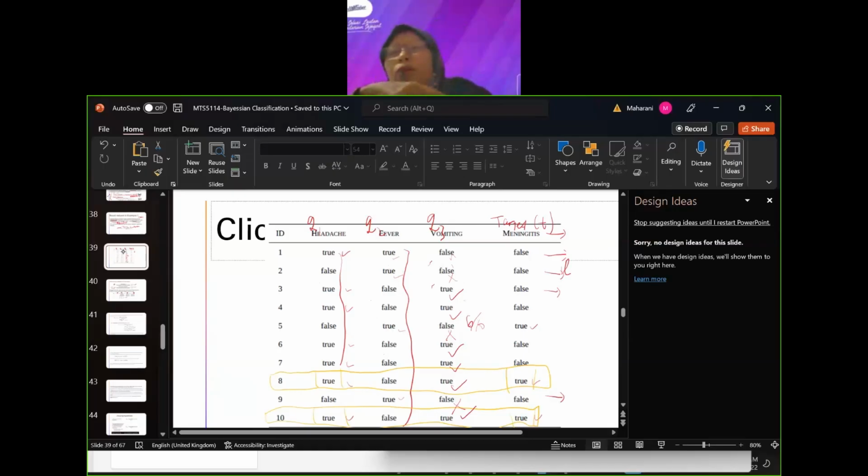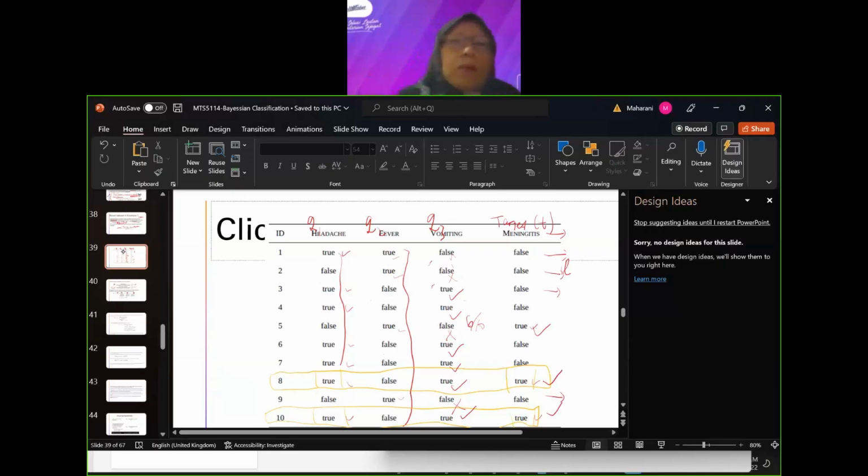I mean M equals true, of course, because it is M, not non-M. If it says non-M, you find the false ones. Now it's M, so you have to find the true ones. From this table, we have 1, 2, 3 only.